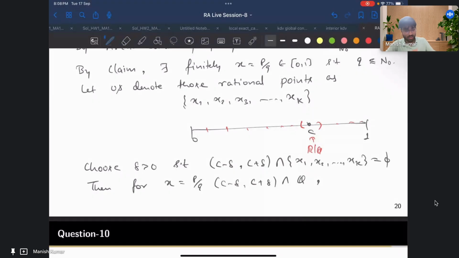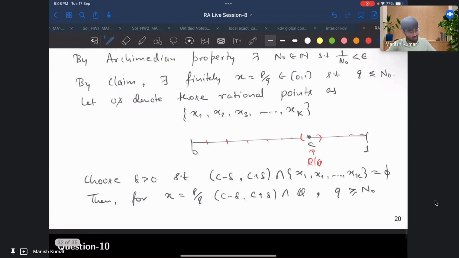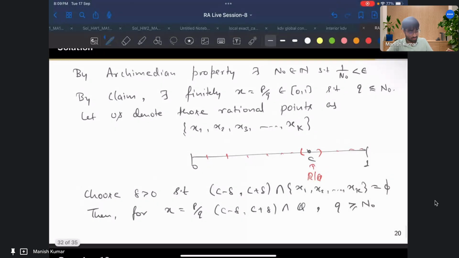When I'm writing p/q, gcd(p, q) = 1 is already assumed, so I'm not writing it again and again. Then for x lying here, q is always greater than or equal to n naught, because these xk's are not in this neighborhood, which means whatever rational we have, the denominator is greater than or equal to n naught. This is what we get, correct?